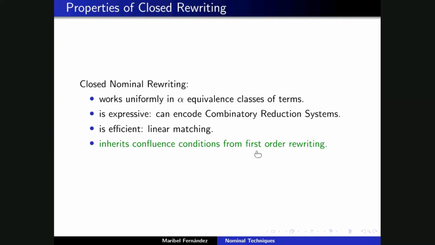That's why it's really important to characterize classes of rules that are confluent, and then we know that if we use those classes of rules, then we are safe. And the good thing with nominal rewriting with closed rules is that all that work that has been done to define sufficient conditions for confluence of first order rewriting can be applied almost directly to closed nominal rules.